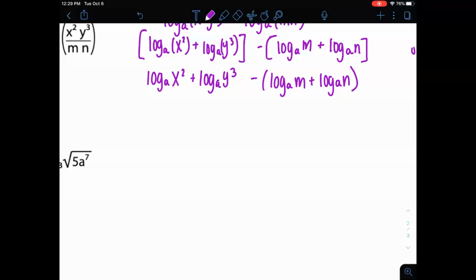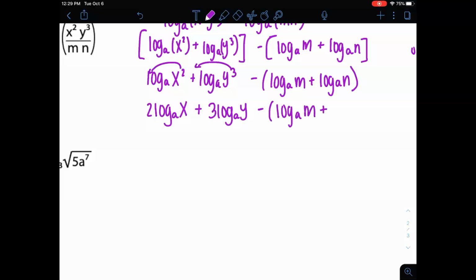Now, in the front half, I have exponents, so the last thing we're going to do is use that power rule, which brings those powers out in front. So this turns into 2 log base A of x plus 3 log base A of y minus what is in my parentheses. Technically that is done.